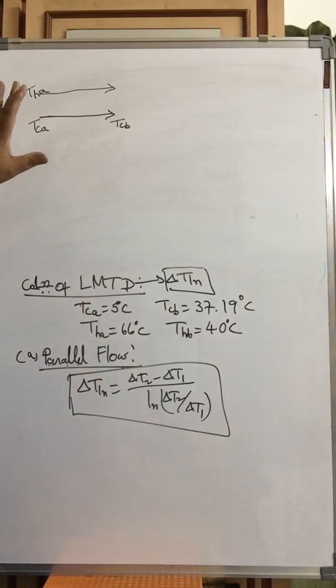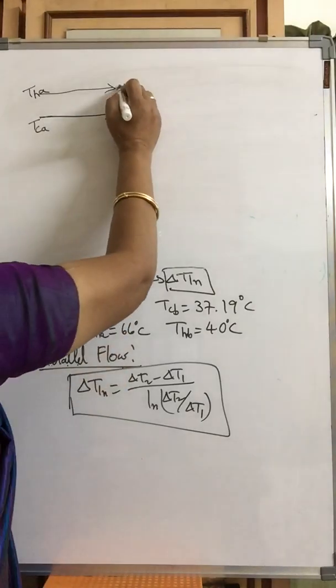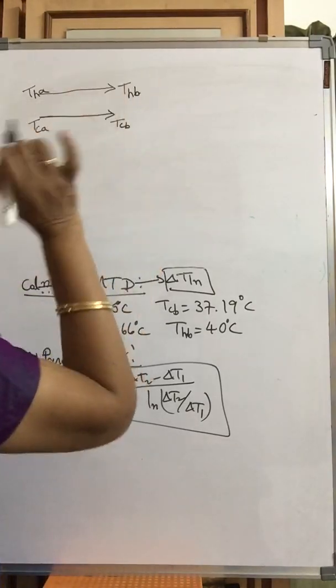Both cold fluid and hot fluid enter at the same end of the exchanger and leave at the same end. That is parallel flow, or co-current contact.